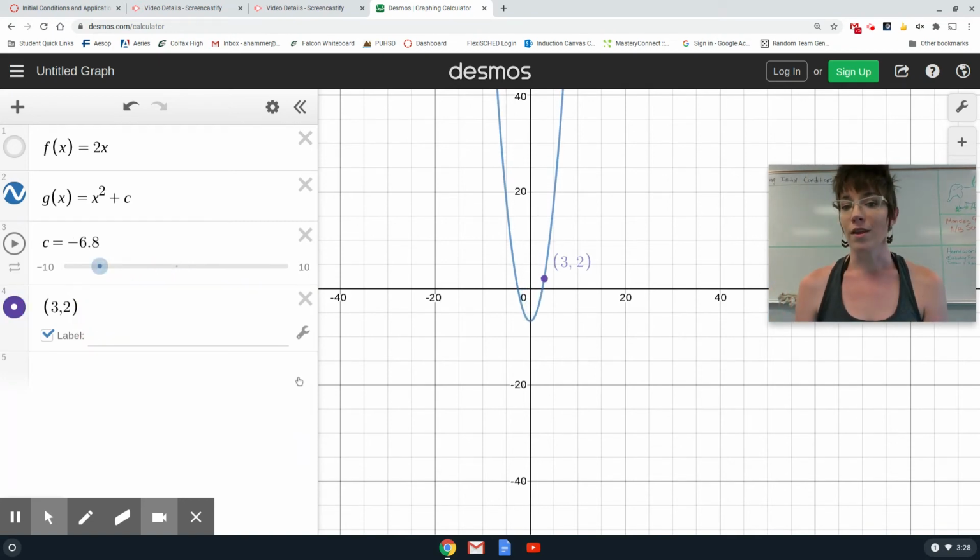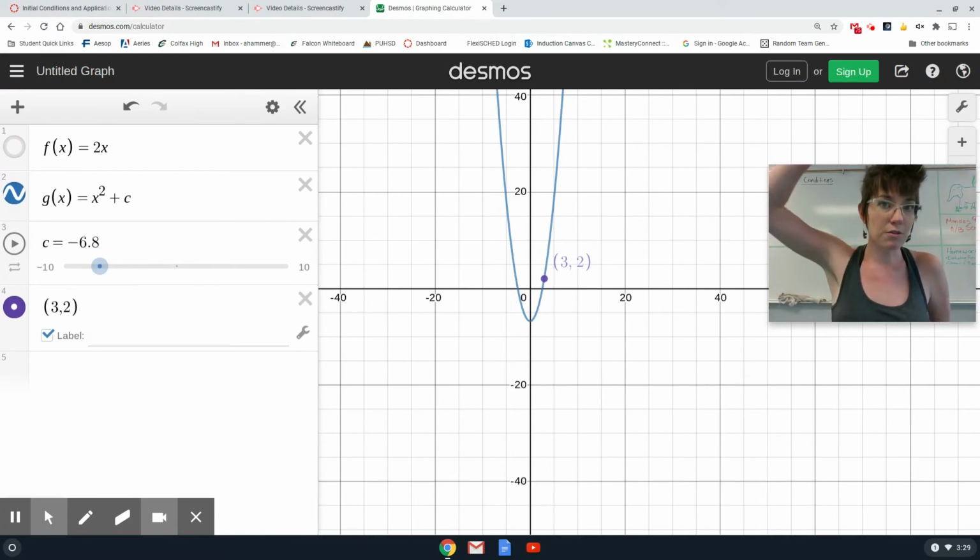And now that's the one parabola I'm actually talking about. And the c value that is happening is actually negative 6.8. So notice how when I place a point on the graph and I say, hey, your function goes through that point, it now causes c to be a fixed value, not just any constant, but actually a specific one that puts your function right through that point.